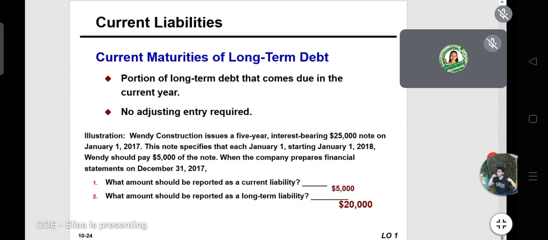That is the difference. So again, it can issue bonds, it can issue stock, or at the same time it can issue bonds and stock.